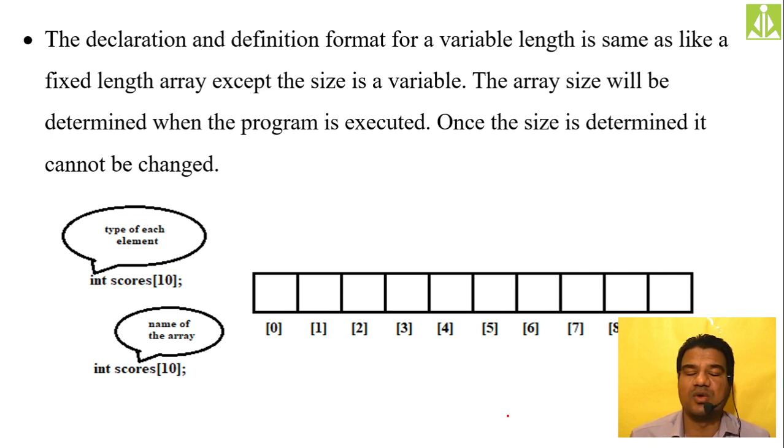Static means the size should be fixed, and we have to specify the array name, type and size when defining the array. But for a variable length array you have the flexibility to give the size afterwards, which is not possible for a fixed size or static array.